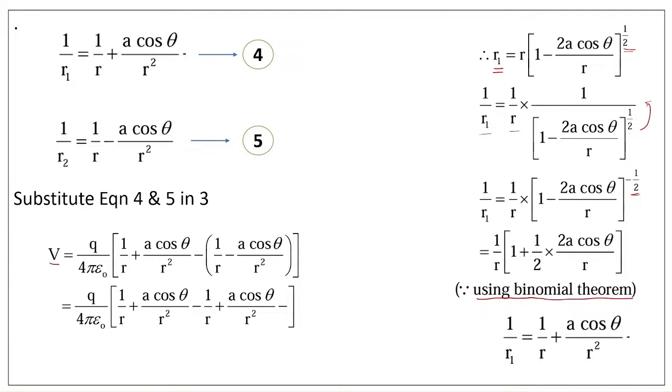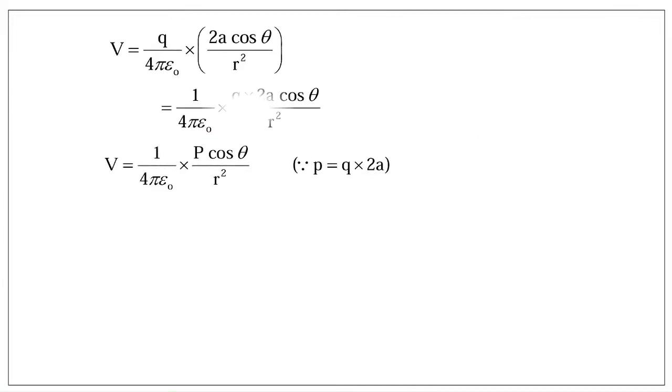That is equal to Q by 4 pi epsilon naught into bracket 1 by R plus A cos theta by R square minus 1 by R minus A cos theta by R square. On simplifying, we get V is equal to Q by 4 pi epsilon naught into 2A cos theta by R square. But 2A into Q is equal to P.